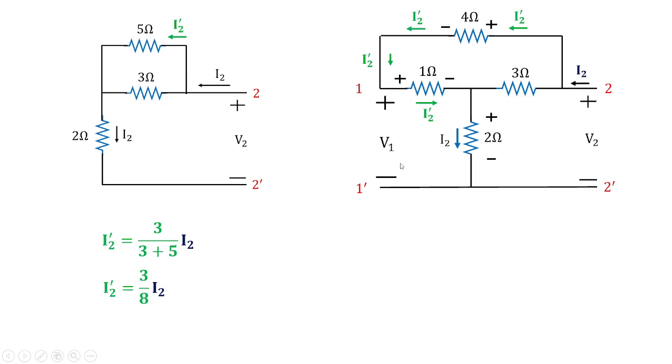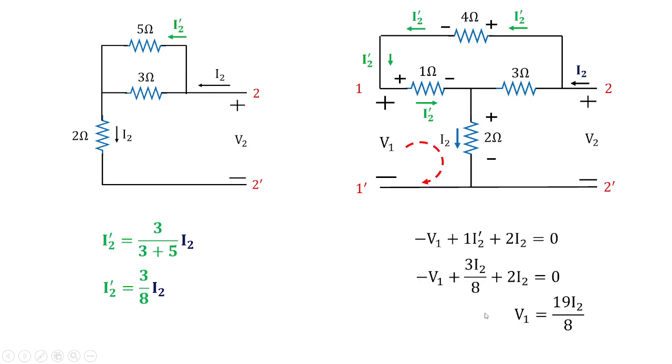And already we know that V1 is a measurement across port 1 dash. With this, we apply KVL into this open circuit, and we get the value of V1, which is equal to 19 by 8 I2. In fact, Z12 is nothing but 19 by 8 ohms, and equation 10 is framed.